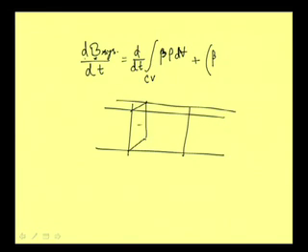If this sectional area is A1 and this is A2, or let me write it as A itself in the control volume, then this is equal to beta into, if the velocity here is V, A into V is the volume coming in, and multiplied by rho, it will be the mass coming in.